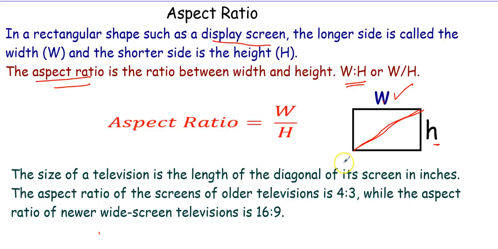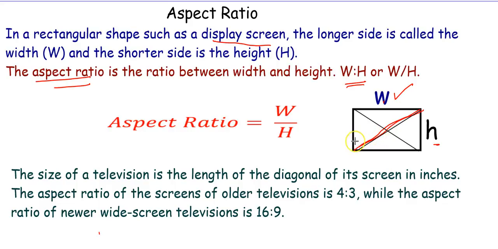We might have heard, we say that I have a television of 50 inches or 60 inches or sometimes 27 inches. When we say that, we are talking about this length of the diagonal. Whatever is the length of the diagonal from this vertex to the other end, or from this end to the other opposite vertex, of course they both are the same. This is supposed to be the size of that particular screen.